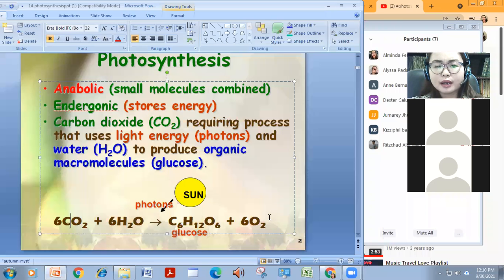That's why plants are very important, since plants are not the only ones capable of photosynthesis. You will know later why.